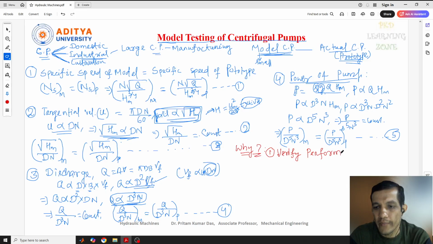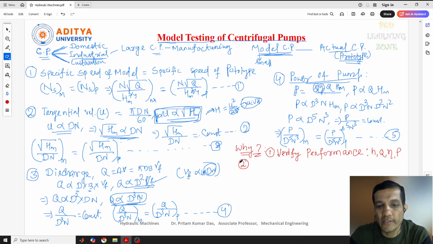Performance in the sense we can say to confirm the head, how much head is there. As I told you, these are the parameters that need to be satisfied or verified. So we can verify the discharge, the efficiency, and the power between the prototype and the model by the design. So by this, what will happen?